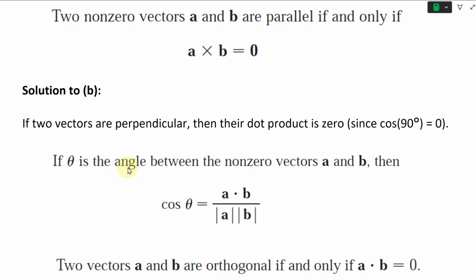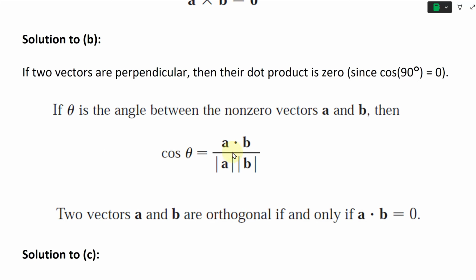If theta is the angle between the non-zero vectors a and b, then cosine theta is equal to a dot b divided by the length of a times the length of b. Two vectors a and b are orthogonal if and only if the dot product is equal to 0. Again, this means 90 degrees. Cosine 90 degrees, or pi over 2 radians, is equal to 0. And hence it's used in the definition for the plane.